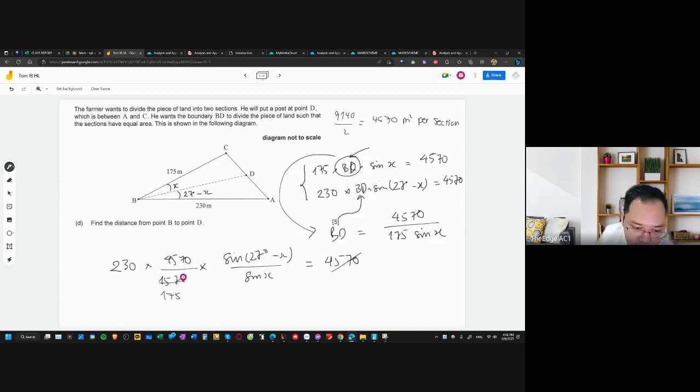Simplify these and put them into the calculator to find the angle X. After finding the angle X, replace it in one of the two equations to find the length of BD. So that's the method.